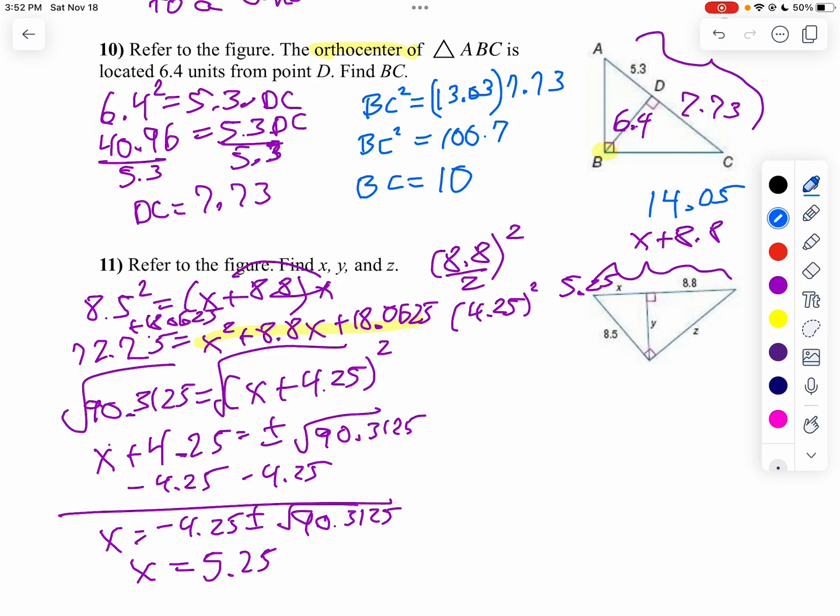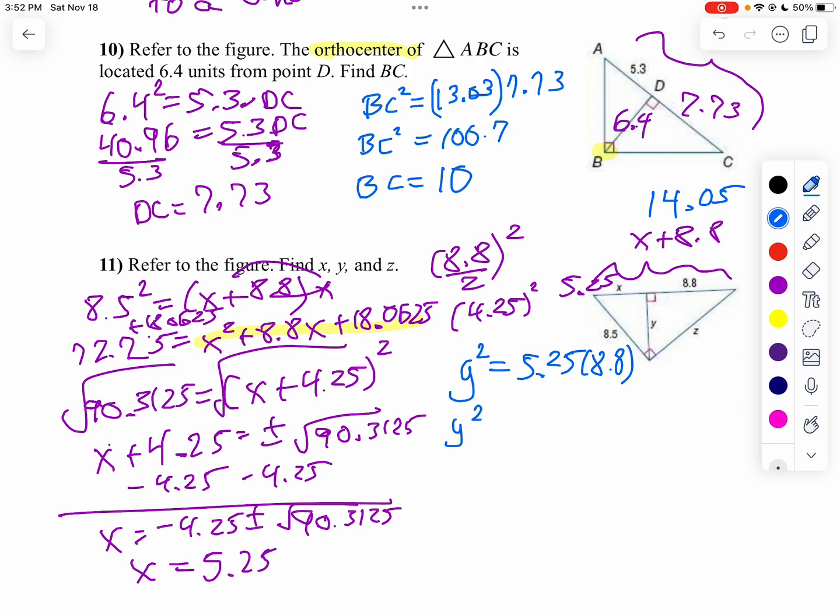So then I can say y is the geometric mean, so that's when I square. So y squared equals 5.25 times 8.8.